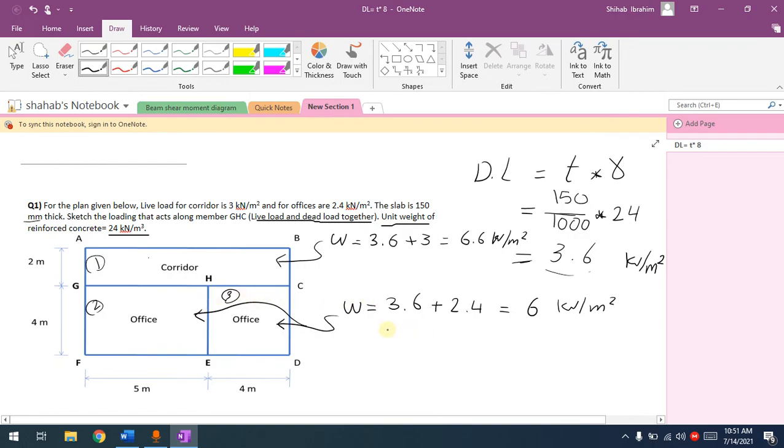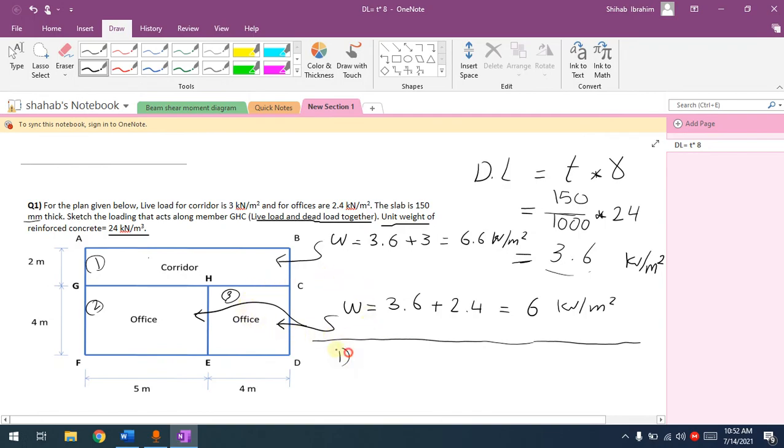One by one we will go through them to see first whether they're one-way slab or two-way slab. Then, once we know they're one-way or two-way, we will draw the distribution as we know. Then we'll calculate the way that they will distribute the load.